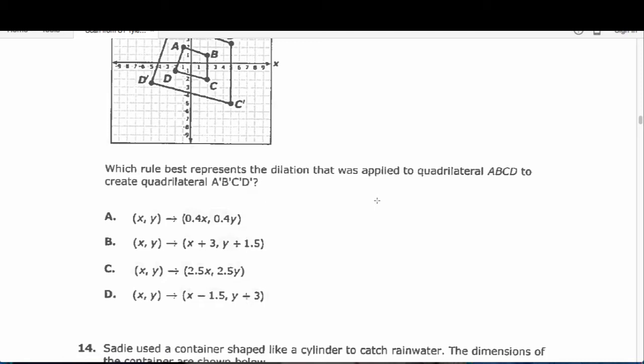A. (x, y) to (0.4x, 0.4y). B. (x, y) to (x plus 3, y divided by 1.5). C. (x, y) to (2.5x, 2.5y). D. (x, y) to (x minus 1.5, y divided by 3).